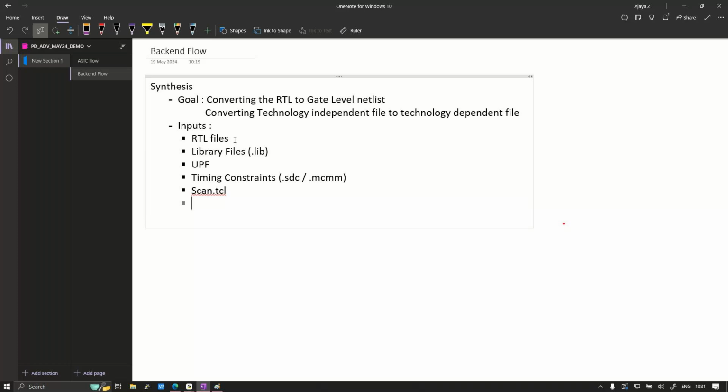And I'm discussing only one type of synthesis. During advanced, we will discuss another type of synthesis. Now I'm talking about logical synthesis. So all these files will be required for your synthesis to be performed.